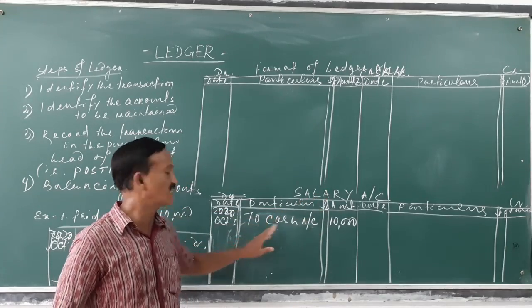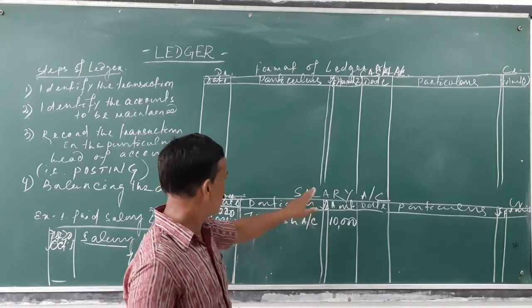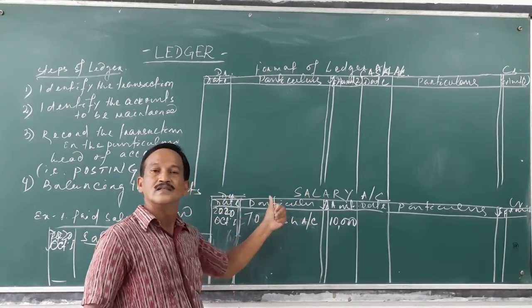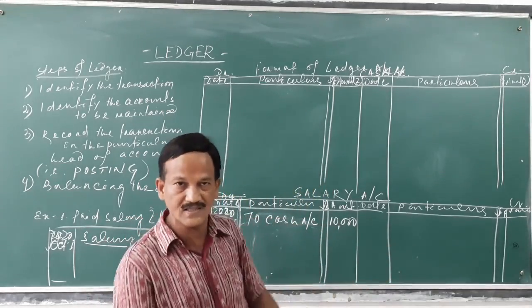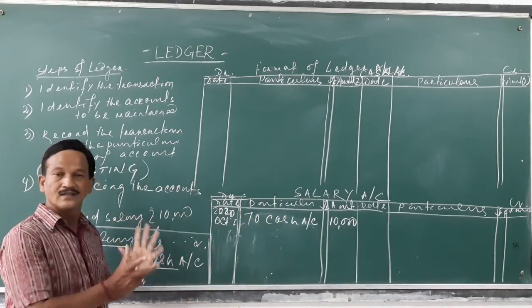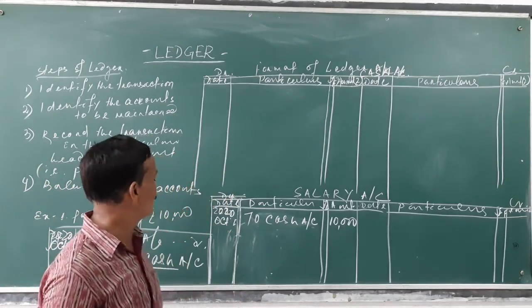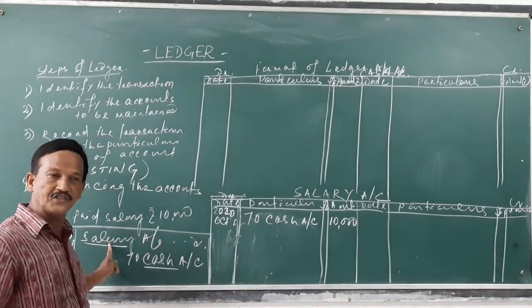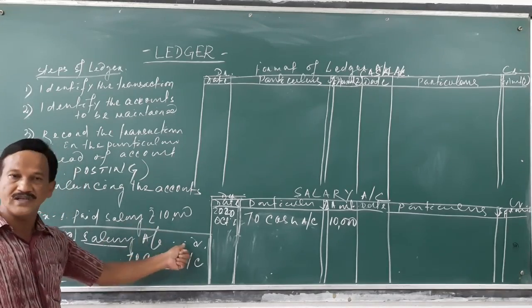Writing "salary account" within the salary account itself is a mistake, it is wrong. You have to write the opposite one. So the best technique, the mechanics for posting a transaction, is to identify the journal transaction to be recorded and find out which account is debited.